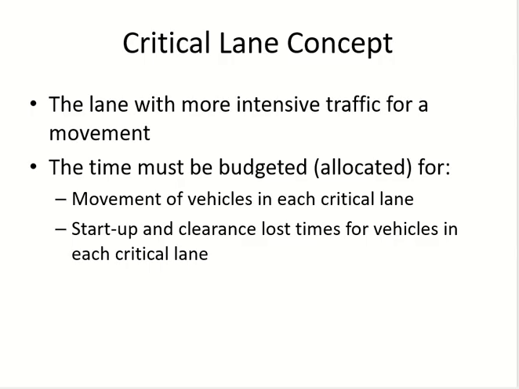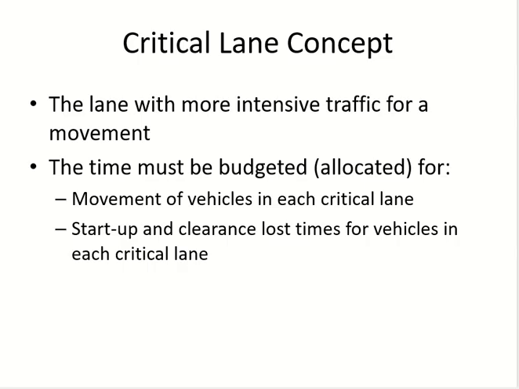If both of them are exactly for straight. Driver behavior, okay. That's why we have the lost time and the saturation headway. But this is already taken into account. What else? Heavy vehicles. The lane which has a higher percentage of heavy vehicles will eventually slow down more, right?